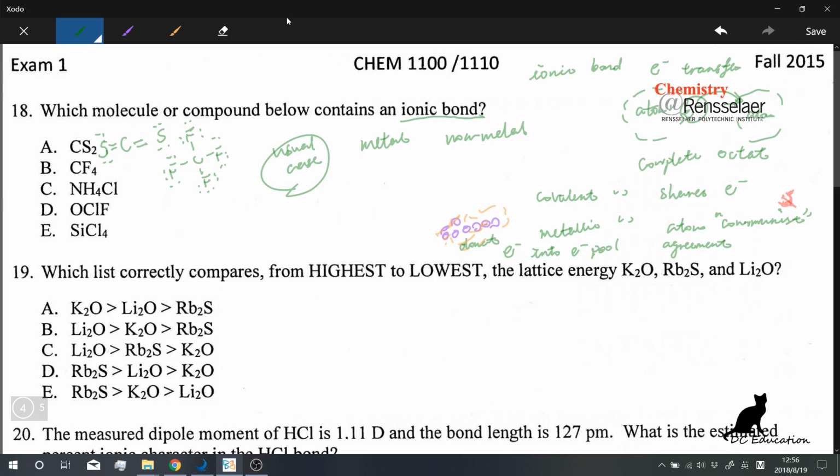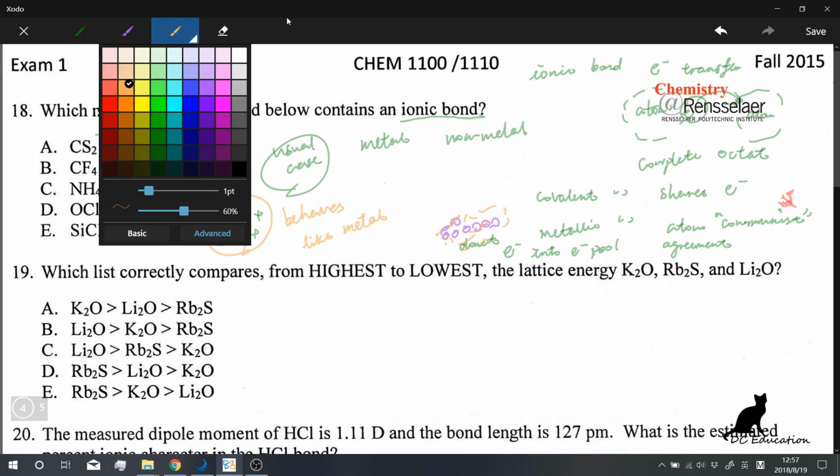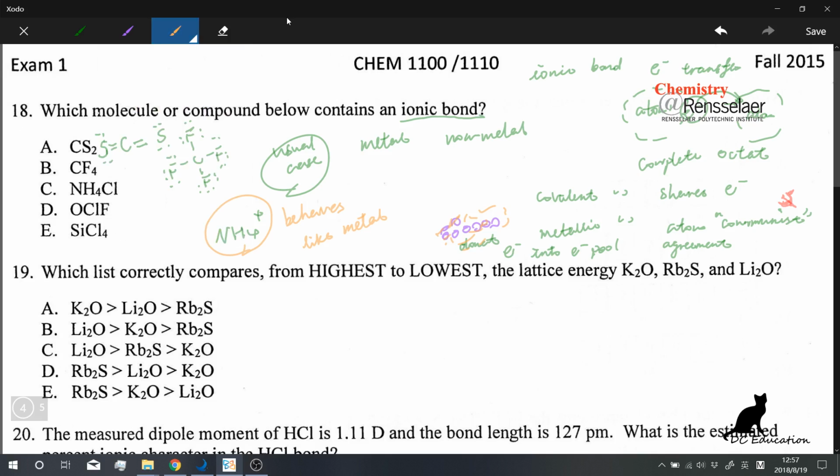And for this one, it's a rather weird species that I hope you do remember: whenever you meet ammonium, NH4+, it behaves like a metal. So I should probably use a little golder color for this. If I have 3 places over here, I'll probably draw it out.